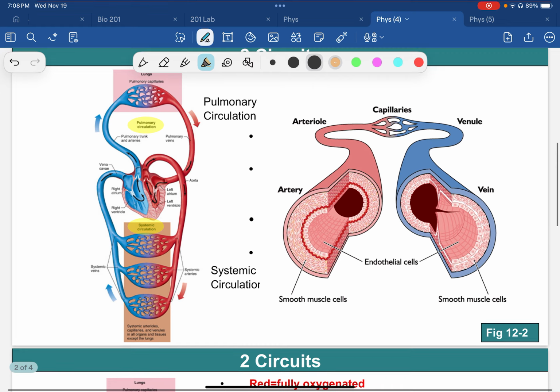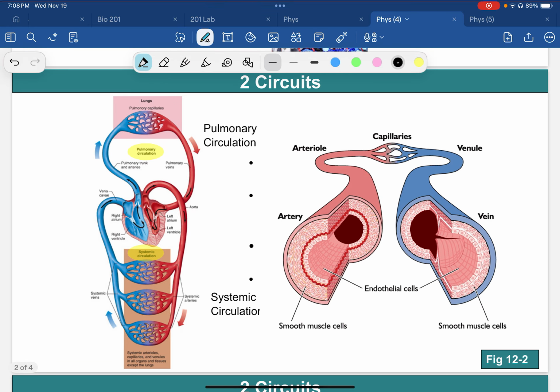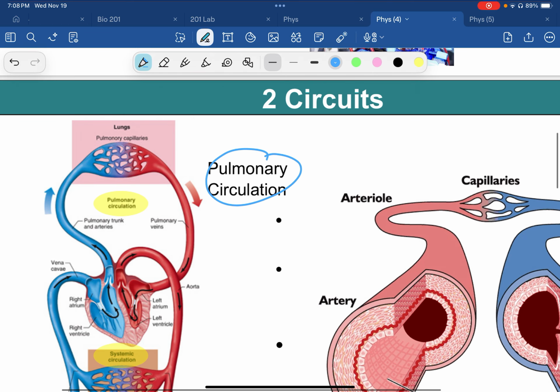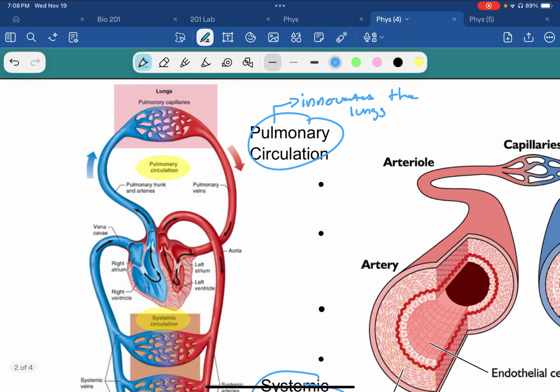So as we move down here, we can see that our circulatory system has two main circuits. So it has pulmonary circulation and systemic. And so all the pulmonary circulation means is that it innervates the lungs. So up here, we can see that the blood is flowing out.